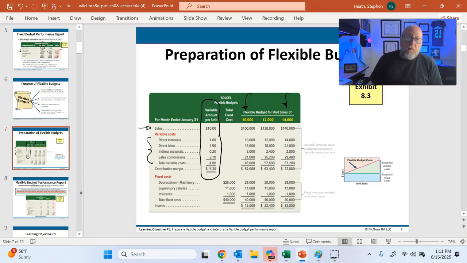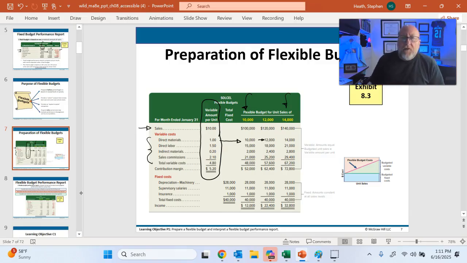What we said in a previous period is that if I sell more units and my variable cost per unit stays the same, my total costs are going to increase. So for instance, if my direct material is $1 per unit and I'm going to sell 10,000 units, my material cost would be 10,000. If I sold 12,000 units, my material cost under that assumption would be 12,000.